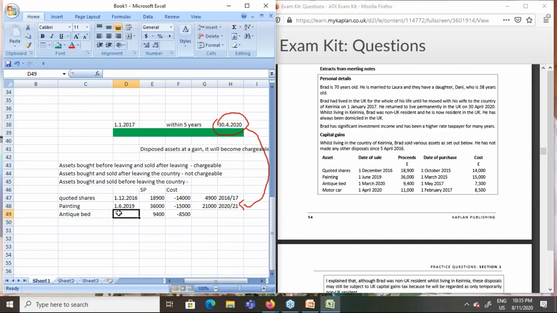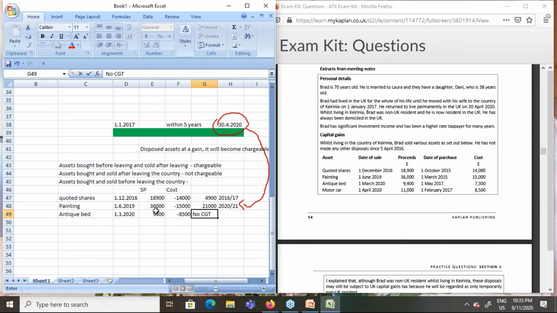But when did you sell it? 1st March 2020. Sold it while you were abroad, bought it also while you were abroad, 1st of May 2017. You bought it after leaving the country, sold it while you were absent from UK, not subject to UK CGT.